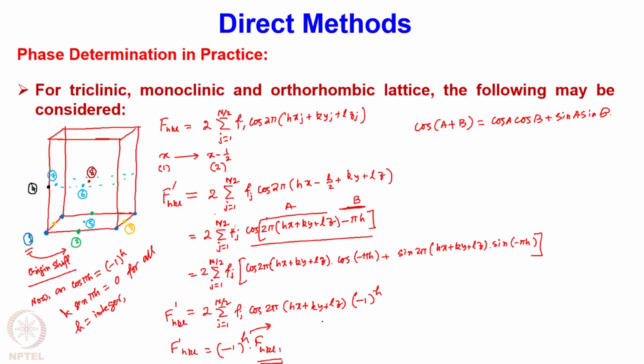So the sign of F hkl will be changed if h is odd. That is the sign of the phase of F hkl.